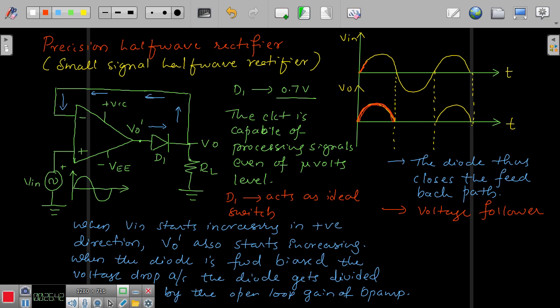That doesn't require the voltage across the diode to be 0.7 volts. Remember, since the diode comes in the forward path, the voltage across the diode gets divided by the open loop gain, which is very high in case of the operational amplifier. So the very condition of satisfying the VT of 0.7 volts doesn't hold good here. The diode becomes forward biased, so you are going to get the loop closed here.